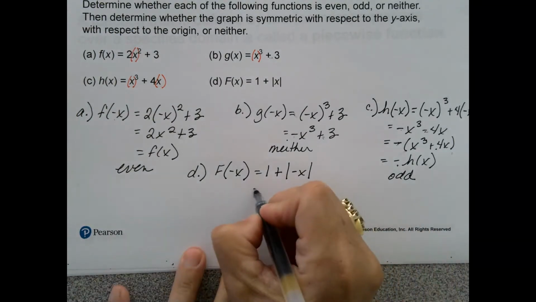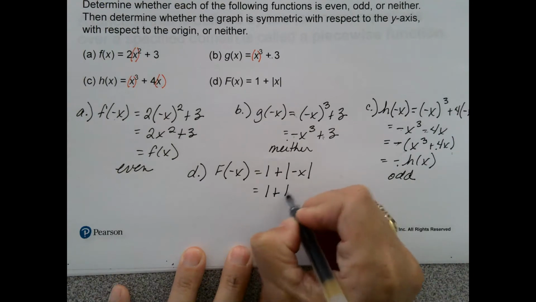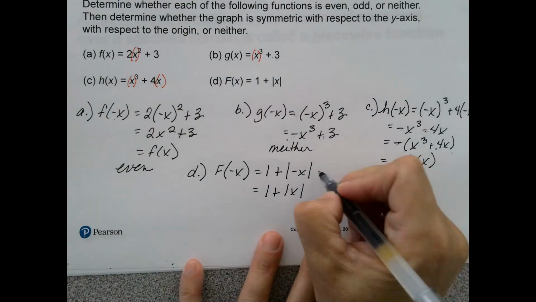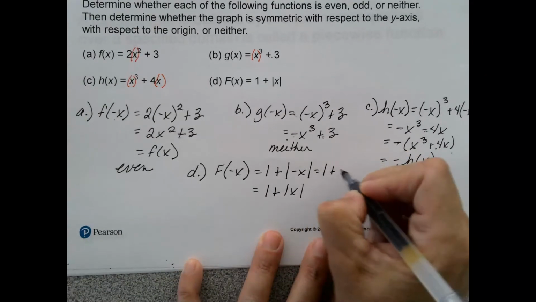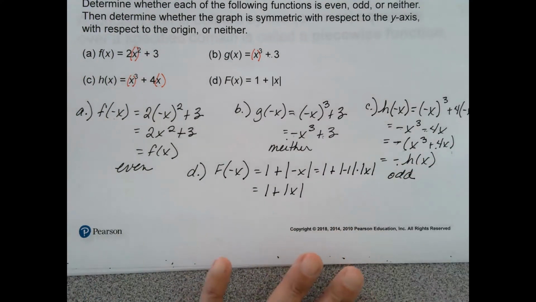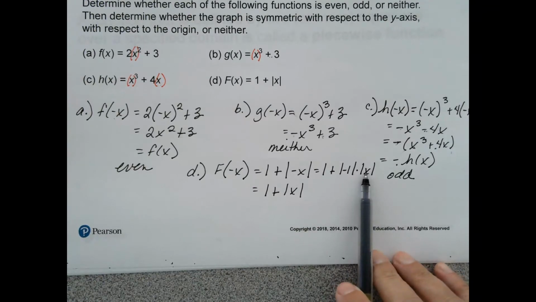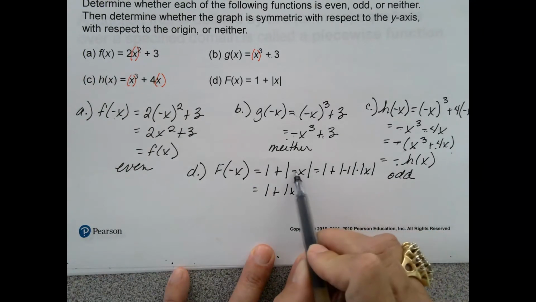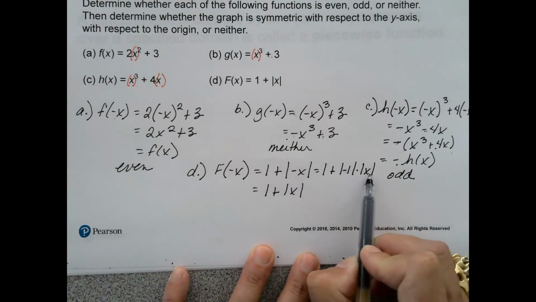So this just becomes 1 plus the absolute value of x, because it's the same. Another way you could formally write this is 1 plus the absolute value of negative 1 times the absolute value of x. That's formally what's going on in here. We're taking the absolute value of negative 1 times the absolute value of positive x, because negative x is negative 1 times x.